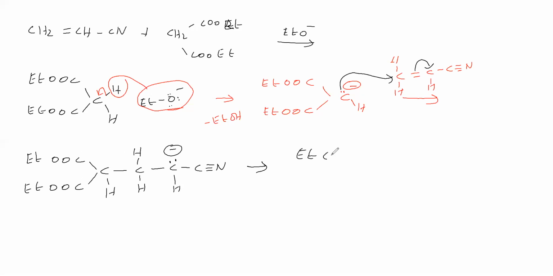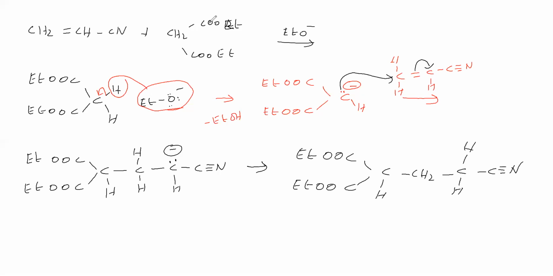Therefore, we will get EtOOC, CH, CH2, CH, C triple bond N. This C minus takes H plus from ethanol and becomes CH. So this compound is obtained. This is called Michael addition.